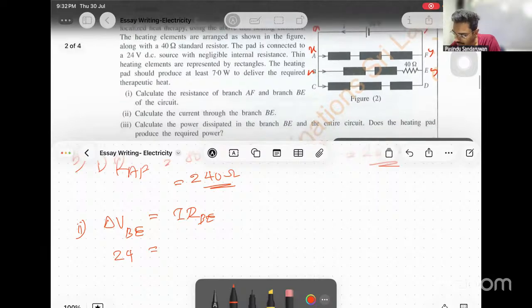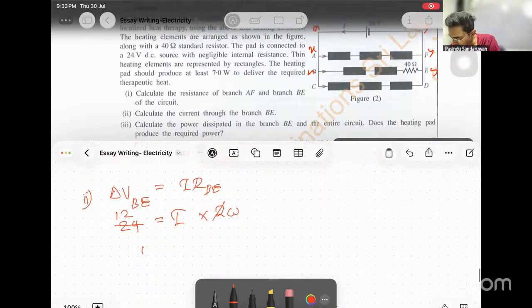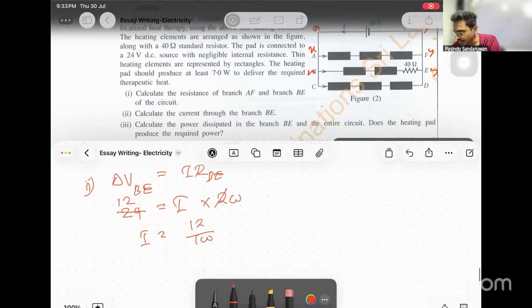And I need the current through BE. R is 200. Then 24 over 200, 12 over 100, which is 0.12 amperes.